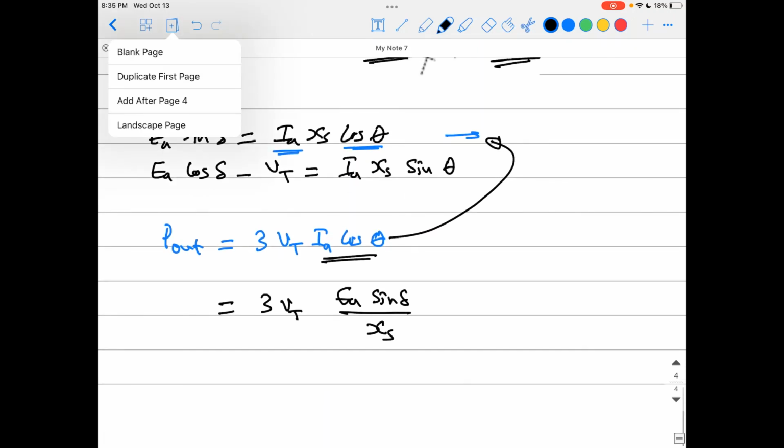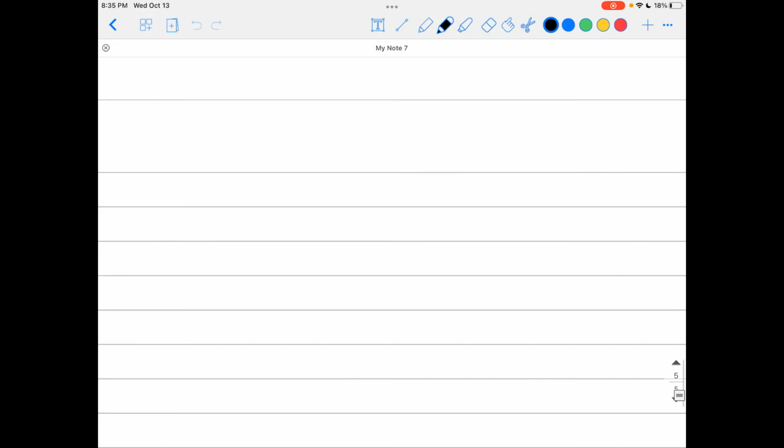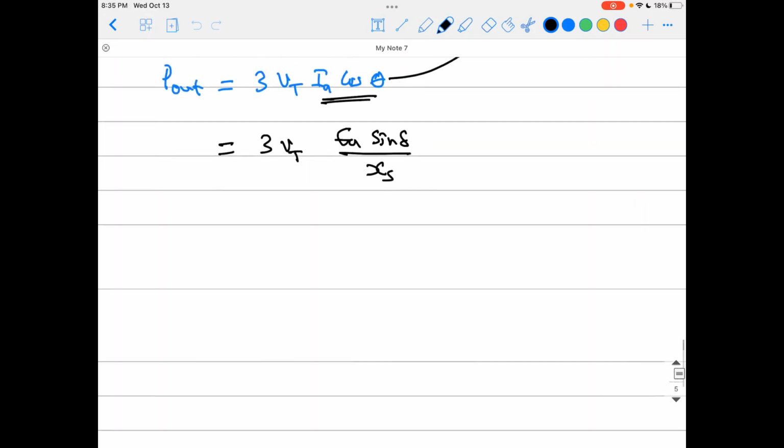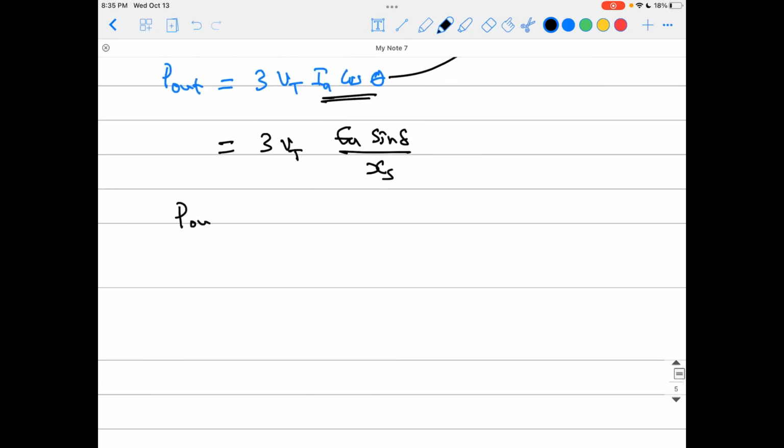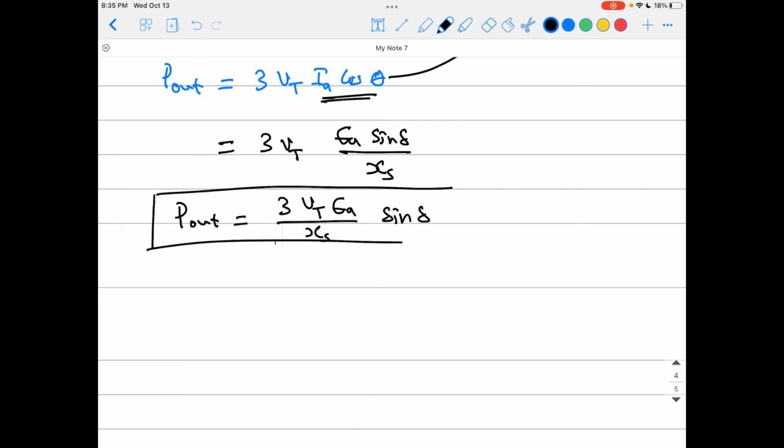Okay, and this gives you the relationship: P output equals 3 V terminal E_A over X_S sine delta. That's a very, very famous relationship for the synchronous machine, connecting the P output with the power angle delta.